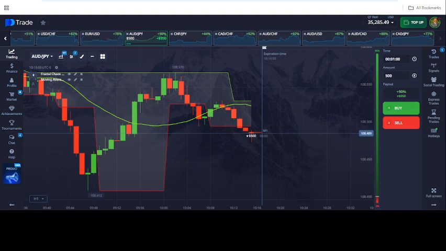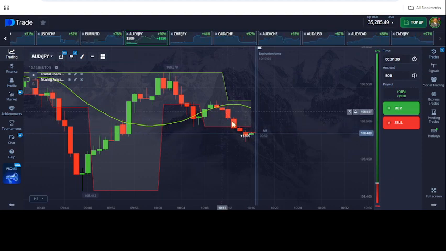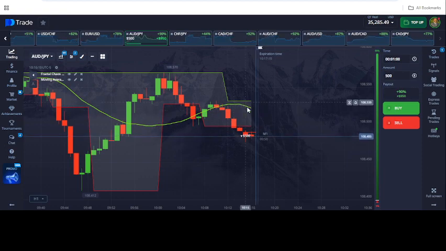I'm on the Aussie dollar, Japanese yen currency pair, and I just took a sell trade here. The reason why I took the sell trade is we have this 20 SMA line starting to slope downwards here, signifying the start of a bearish trend.